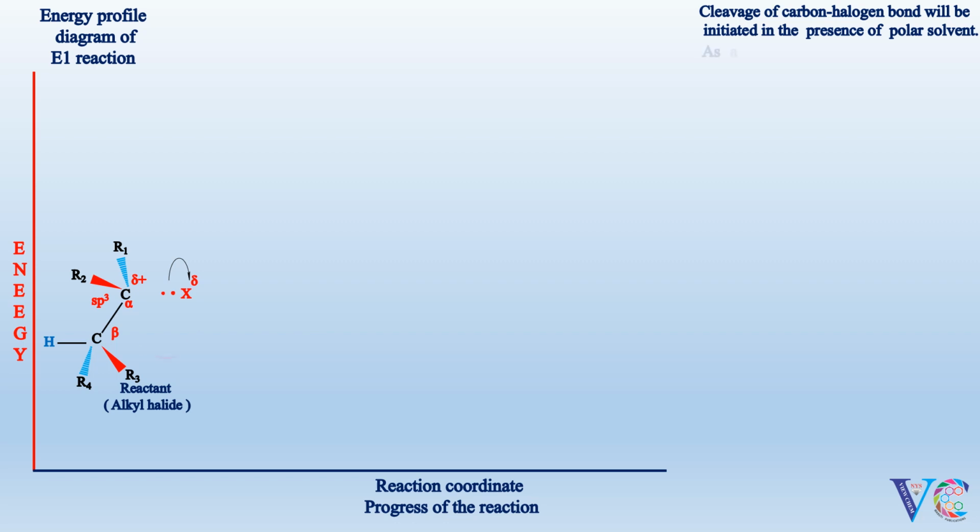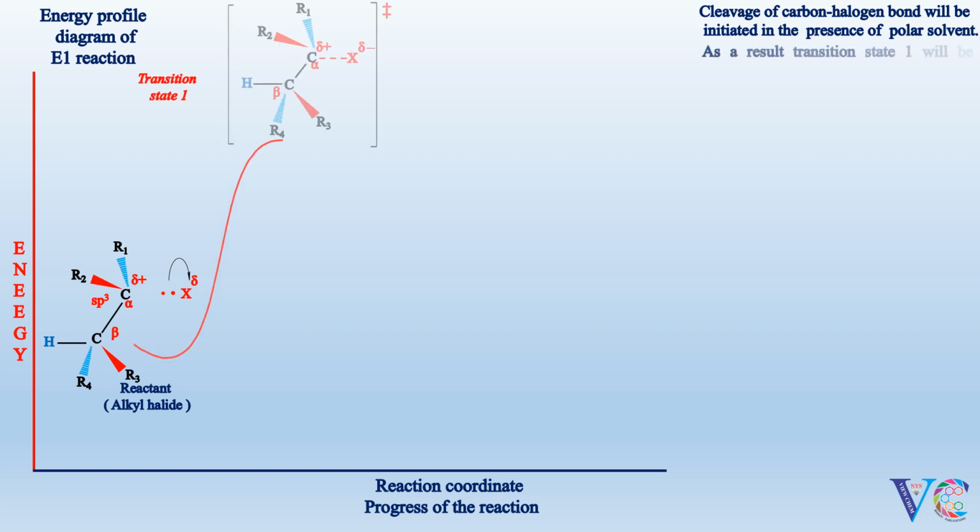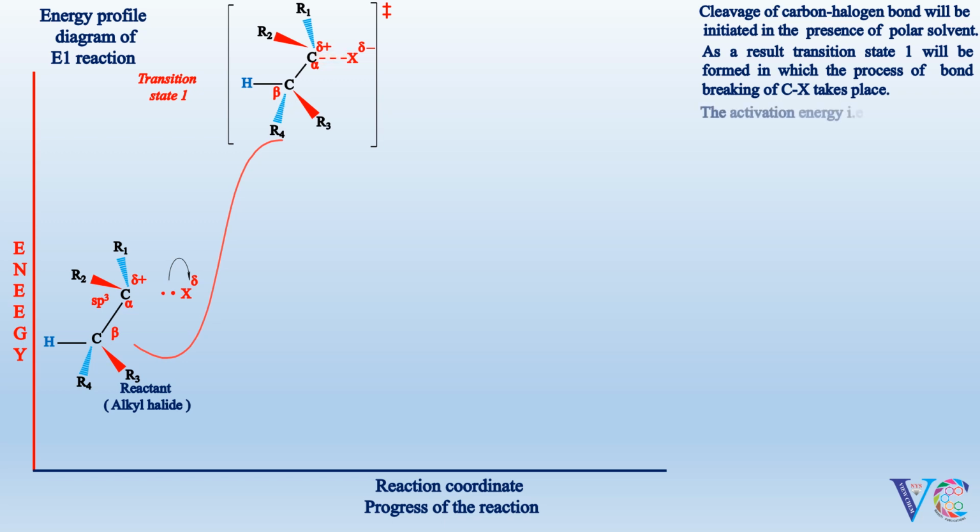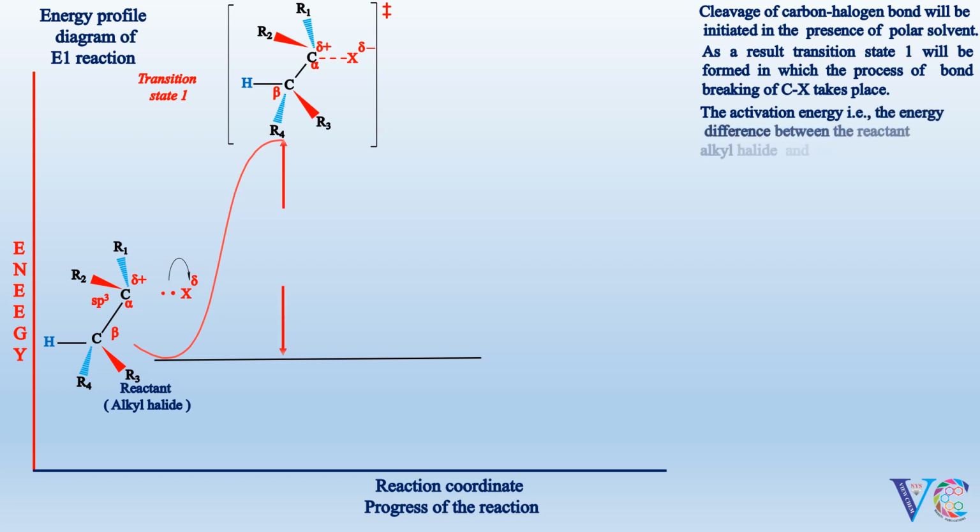As a result, transition state 1 will be formed, in which the process of bond breaking of carbon-halogen bond takes place. The activation energy, that is, the energy difference between the reactant, alkyl halide, and the transition state 1, is called delta G1.